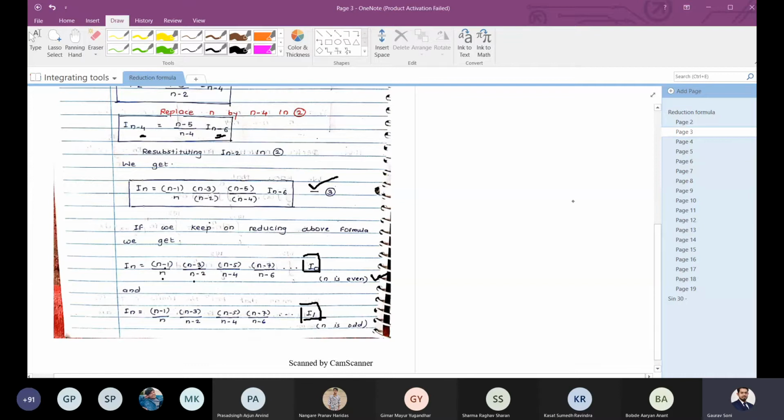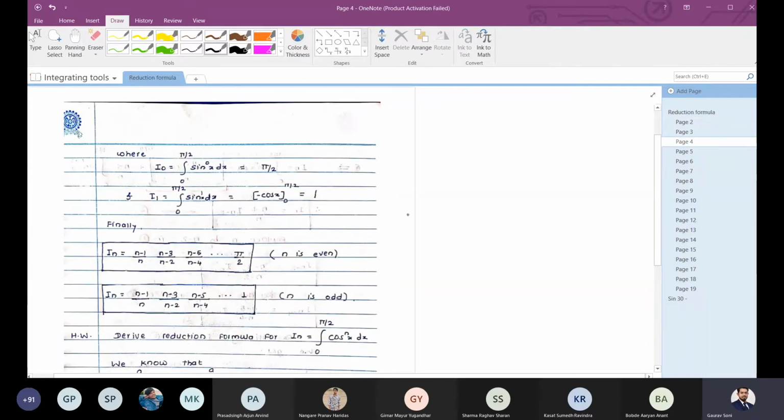But the value of I1, we have seen, is 1, and I0, the answer is pi by 2. So I0 is the integral 0 to pi by 2 of sine raised to 0 x dx, which is pi by 2. I1 is the integral 0 to pi by 2 of sine raised to 1, so this we have seen earlier. Okay, so these are the formulas.